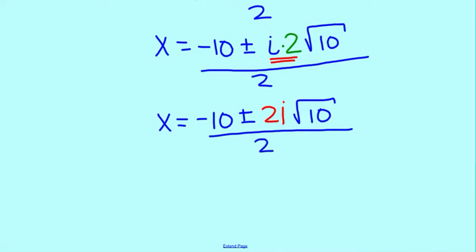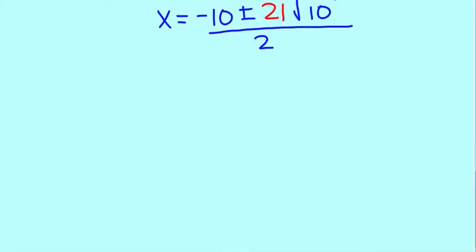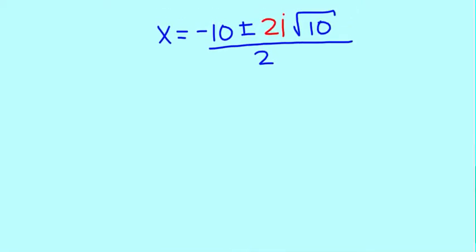Now, if you wanted to, you could leave that alone as your final answer. If you wanted to take a step further, you can break it apart into two separate equations. So it looks like this.